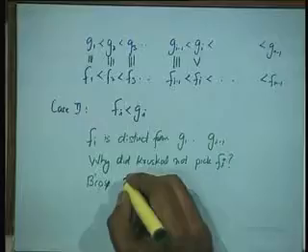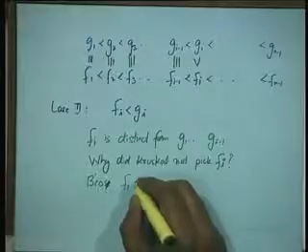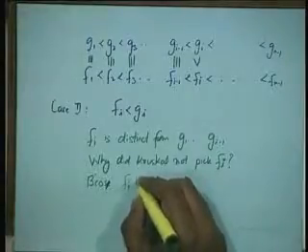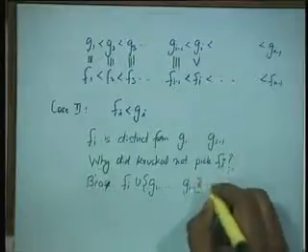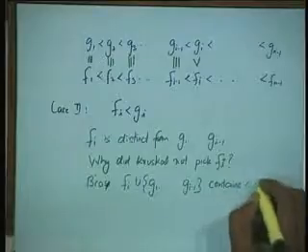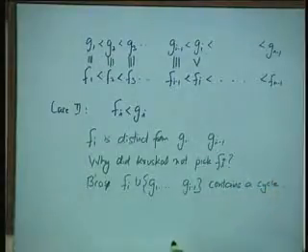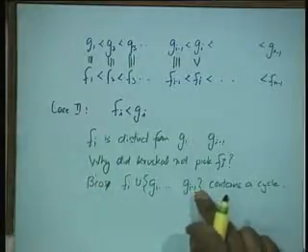So because Fi union G1 through Gi minus 1 contains a cycle. Right? These set of edges में एक cycle बन रही है.